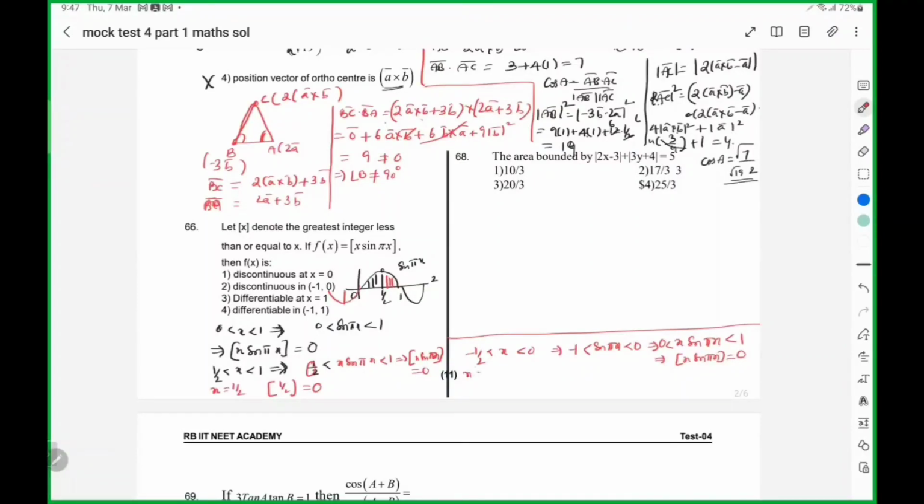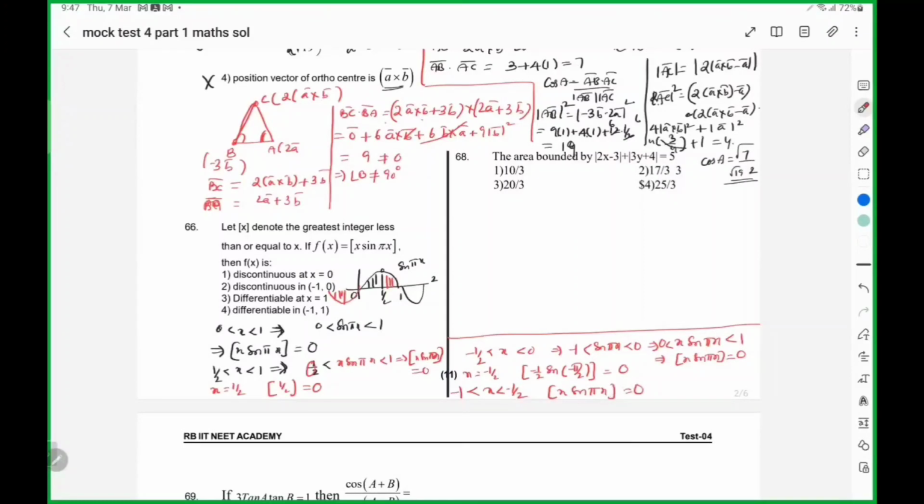When x is minus half, it is minus half into sine minus pi by 2, which is -1, plus half, which is 0. When x lies between -1 and minus half, again the product will be negative, and the step of x sine pi x becomes 0.